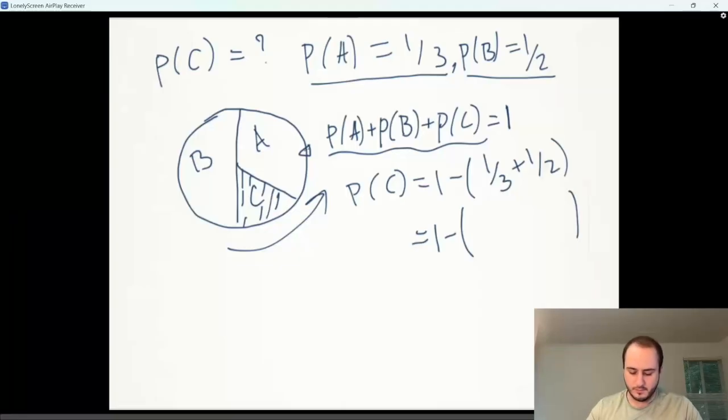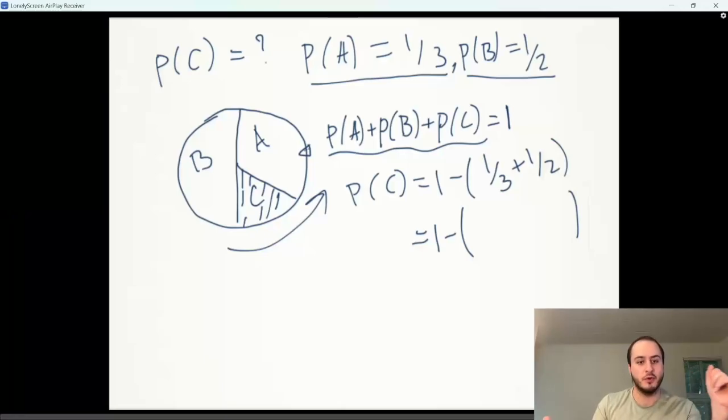So 1/3 is basically, I'm trying to, because they have different denominators. So the common multiple of 3 and 2 is 6. So 6 is the denominator.